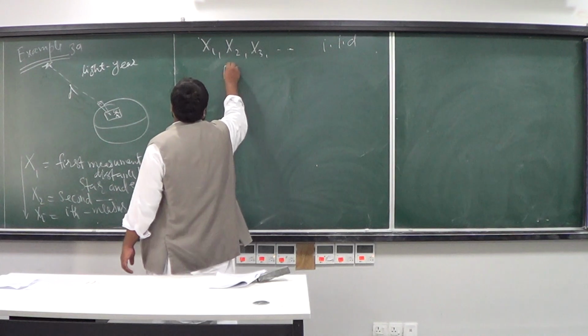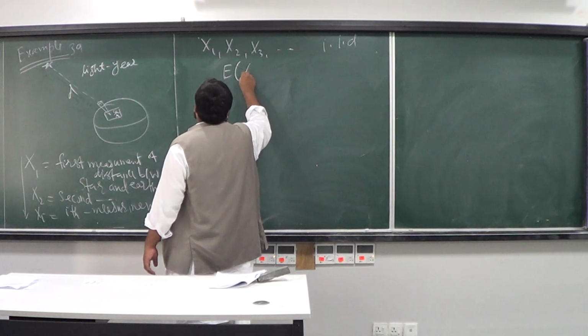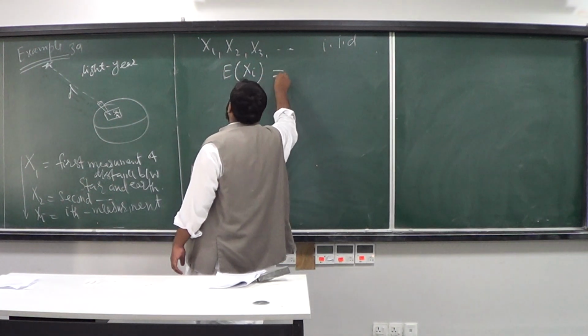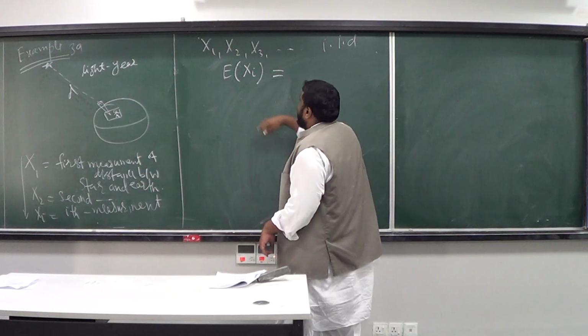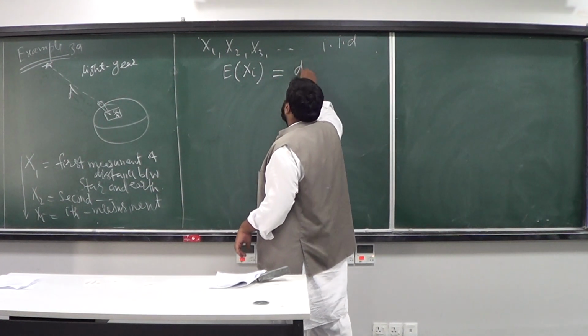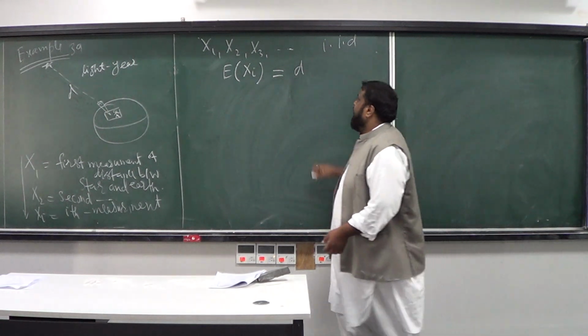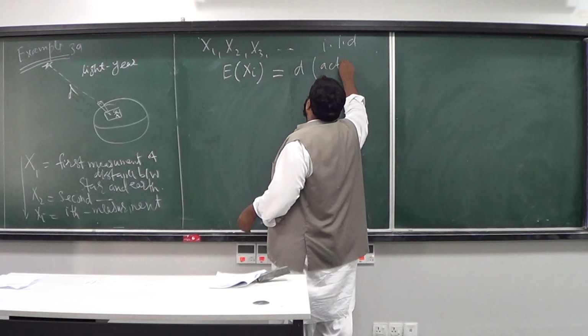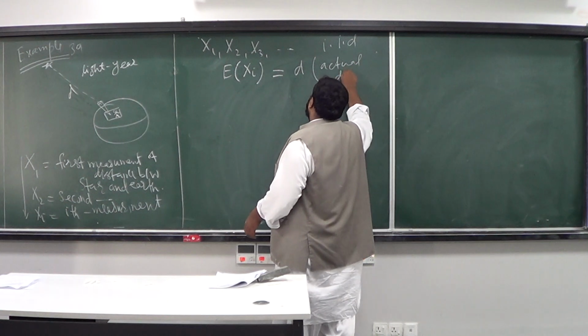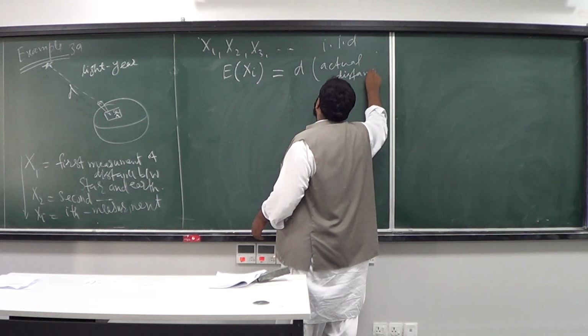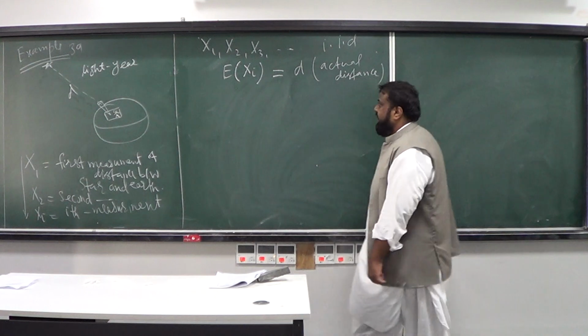And let's assume that the average of these observations should be the actual distance, the distance d. D is the actual distance between the star and the planet.